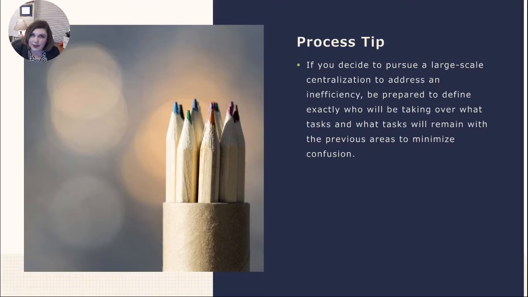So if you decide to pursue something like this and do a large-scale centralization to address an inefficiency, be prepared to define exactly who will be taking over what tasks and what tasks will remain with the previous areas. And that's going to help to minimize confusion. So in this case, we clarified that our office would manage and post all positions through our hiring platform.